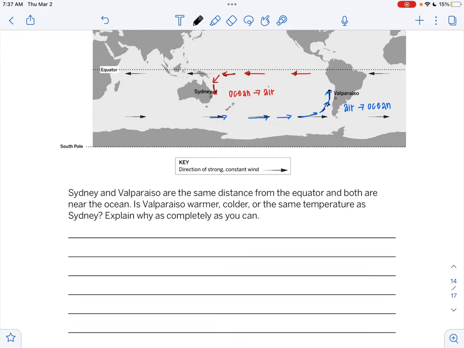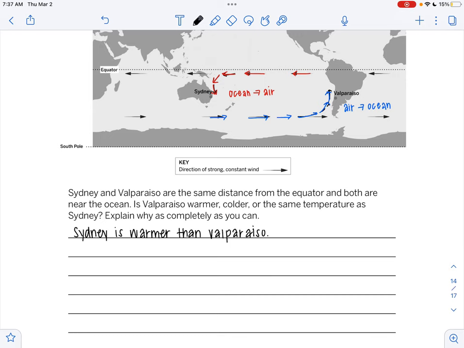First, we want to restate the question. We'll write, Sydney is warmer than Valparaiso. So right off the bat, we've given our answer to the question.